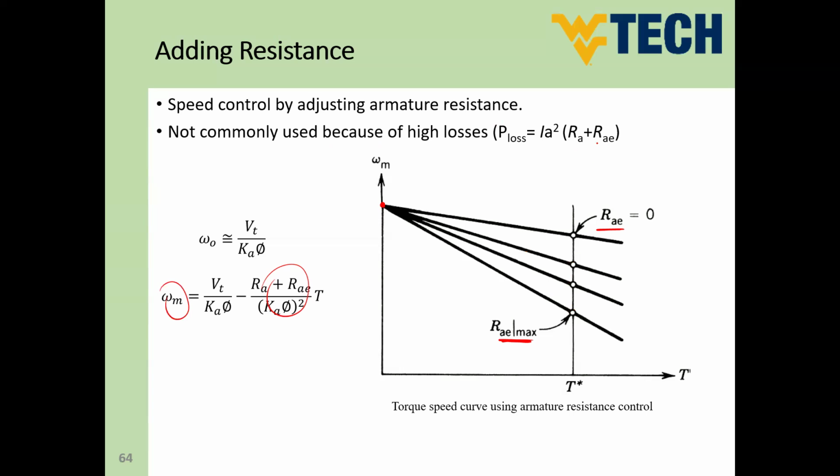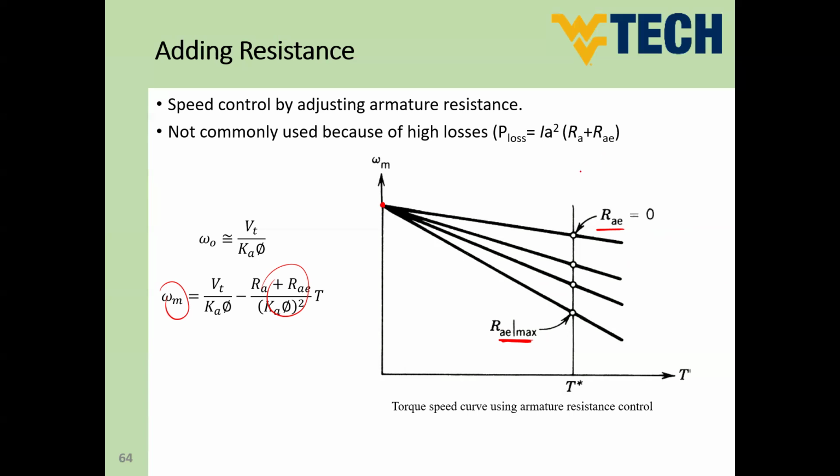It's not just transient operation, which means in order to control your motor speed, you may keep controlling the motor speed during the complete lifetime of the motor operation, which means this resistance is inserted in the circuit all of the time. And this will increase the losses and reduce the efficiency of your motor. So this is a very challenging technique because it increases the losses and reduces the efficiency of the DC motor.